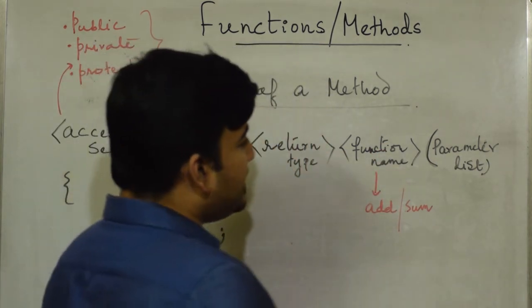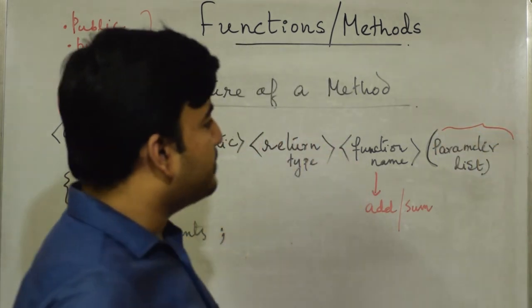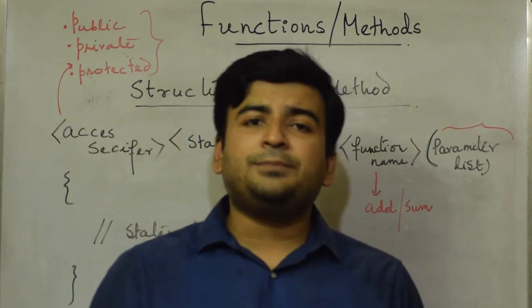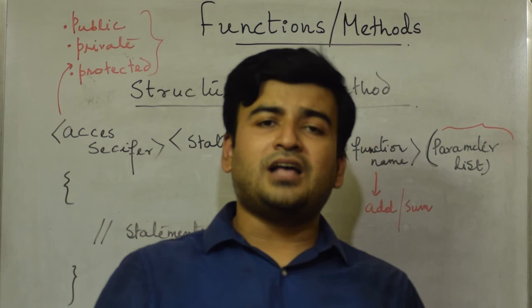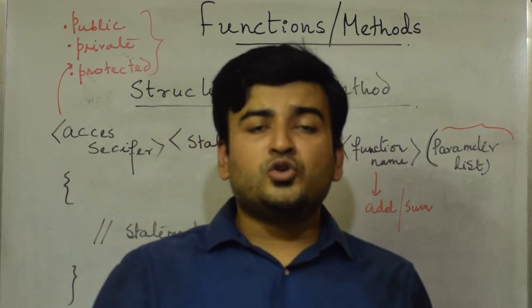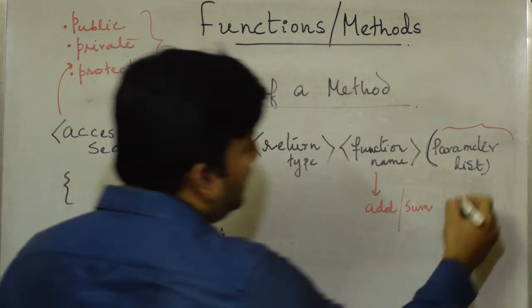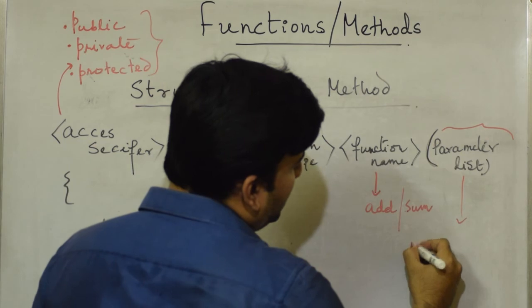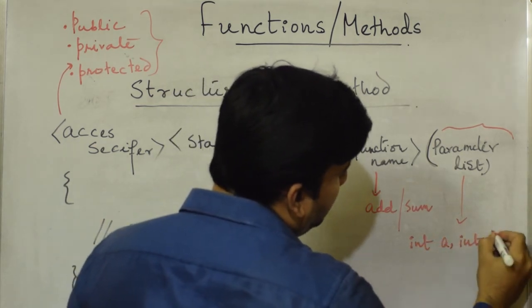The next thing is the parameter list. Suppose I want to accept two parameters from the user, just like the same example I already gave, c equals a into b. So here we want a and b, right? So we will write this parameter list like int a comma int b.